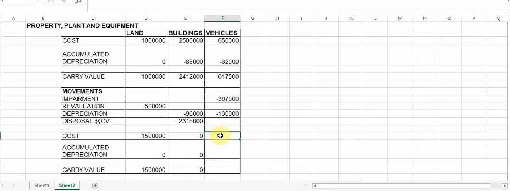The cost price of the asset, we've not had a disposal, we've not had an addition, we've not had a revaluation. So therefore the cost price will still be the same as at the beginning of the year. The carry value will be the carry value at the beginning of the year, and then we take all the amounts under movements and we minus or add them accordingly, and the carry value at year end is 120,000.